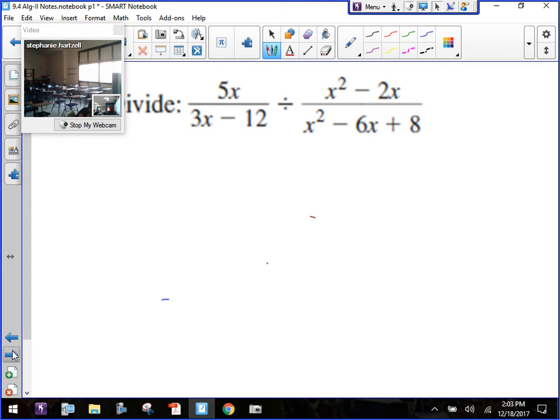So let's see here. I got 5x over 3x minus 12. When I write out the 3x minus 12, how do I factor that? So I take out the 3, right? That's GCF. And then I'm going to flip it right away. So what times what is positive 8 that I add together to get negative 6? Negative 4, negative 2 again.